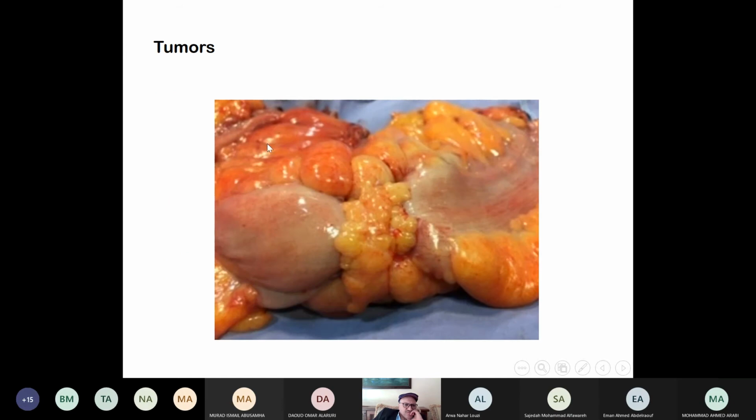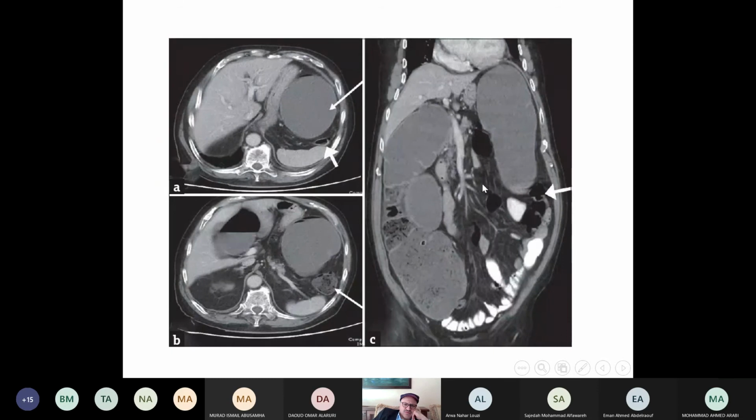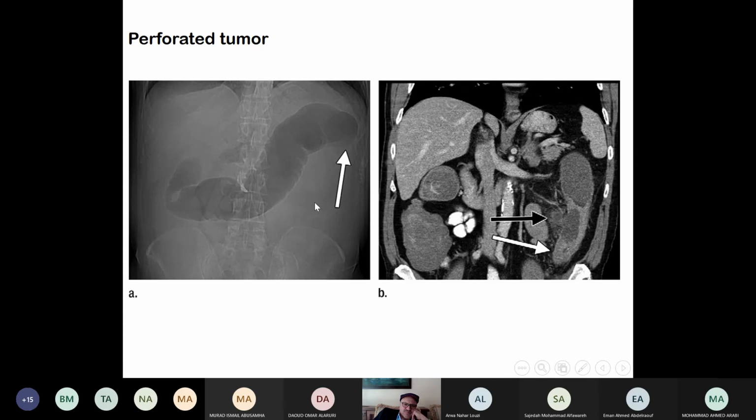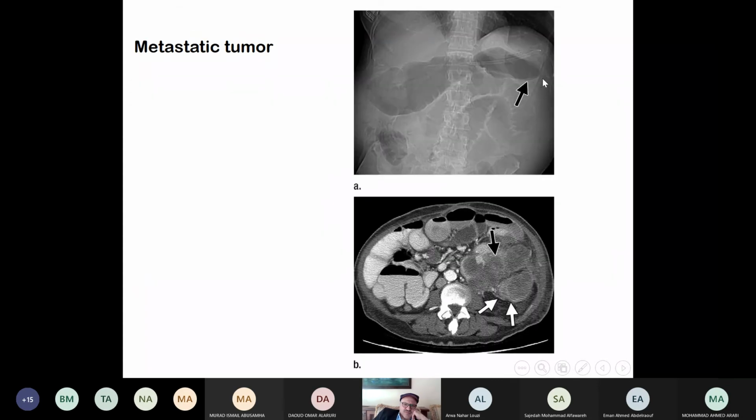So tumors, it's clear that a fungating or stricturing tumor can obstruct the lumen of the colon. And if you look here, you find that there is obstruction here and dilatation proximal. Again, you see how the colon is obstructed here and here and here.